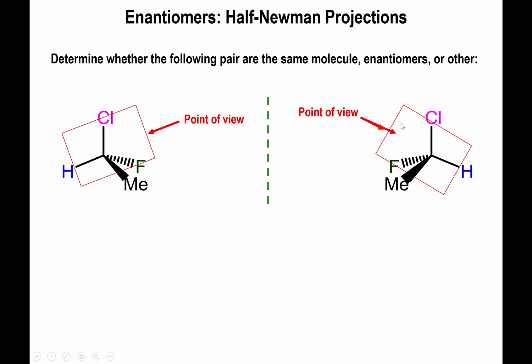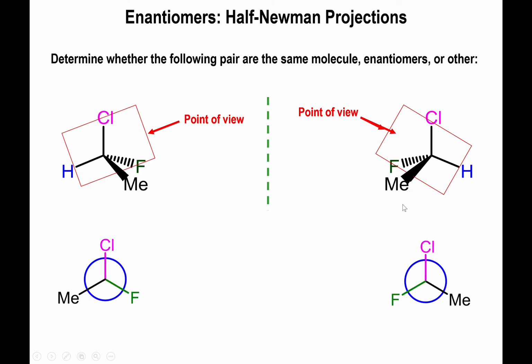Over here, if you are opposite of that carbon hydrogen bond, then the fluorine is going to look to you to be on the left side and the methyl group is going to look to you to be on the right side. So your Half-Newman projections will look like this. And once again, you don't see the carbon hydrogen bond because it's directly on the back, directly opposite of your point of view. The chlorine on both molecules is sticking upwards, right?